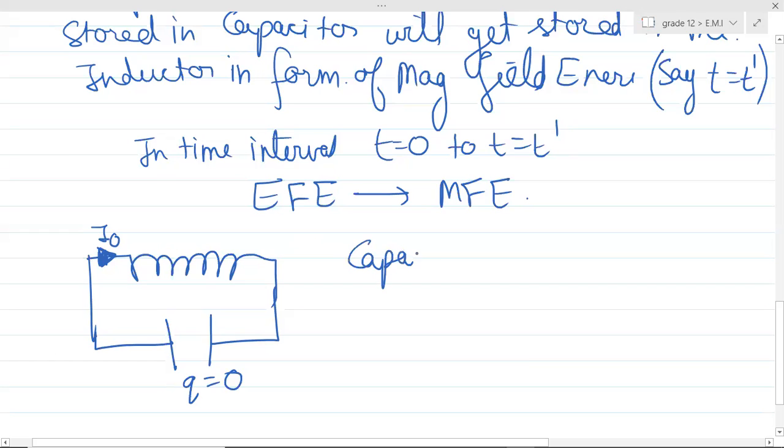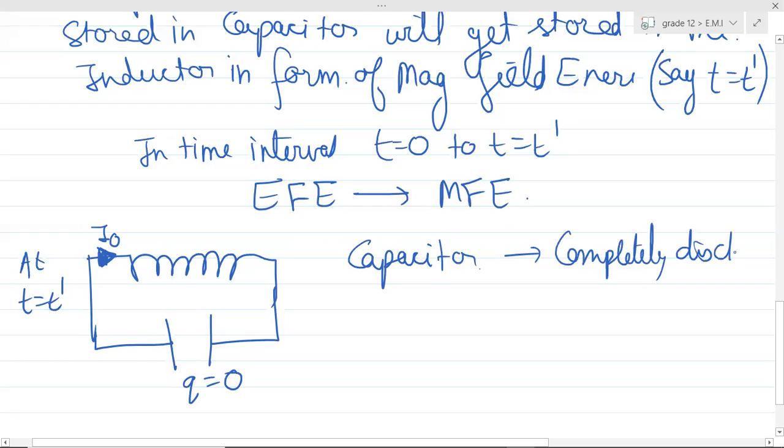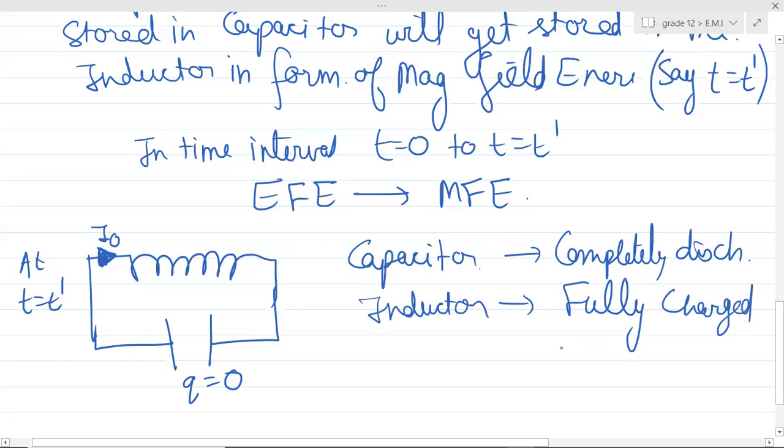So here at t equals to t dash, the capacitor is completely discharged, and the inductor is fully charged with, let's say, maximum current I naught.